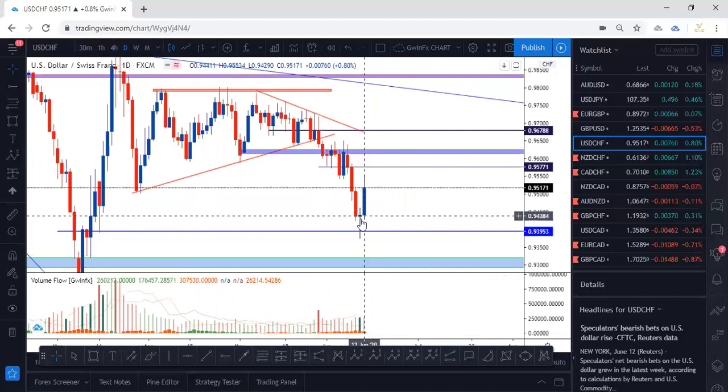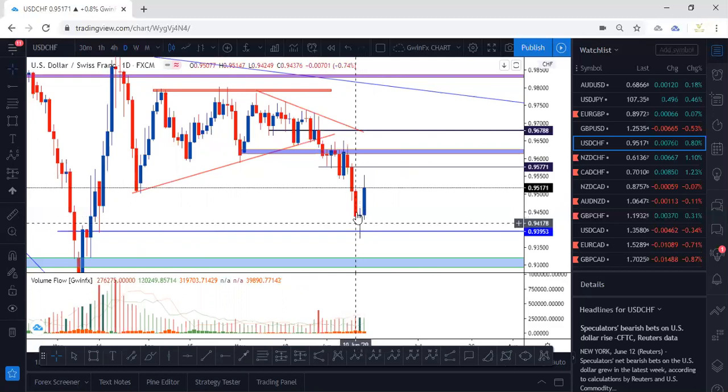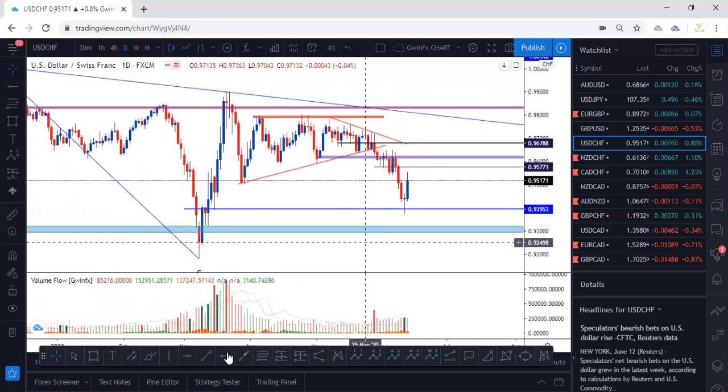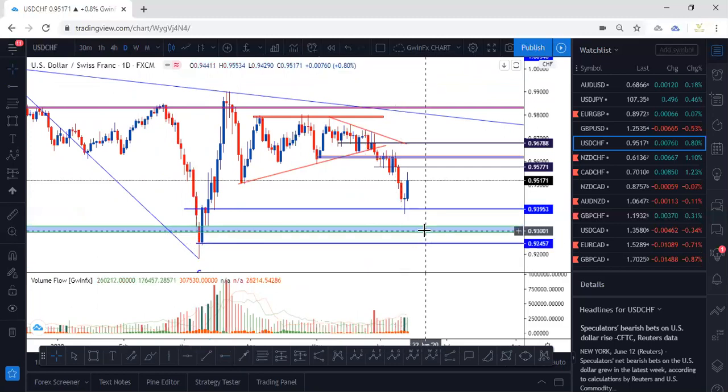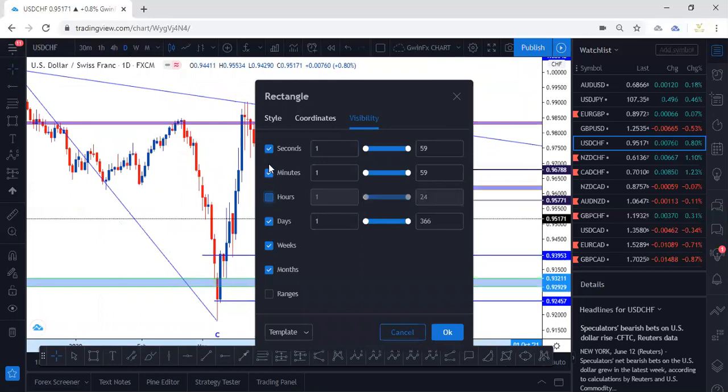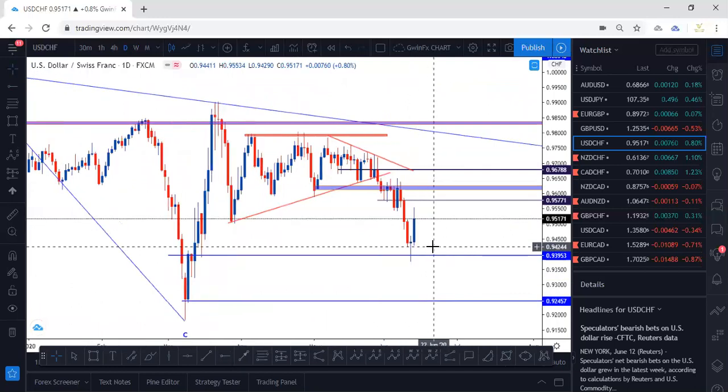If this massive volume created this rejection and took price down here, we expected that the sellers got out. So whoever was selling to target this extreme is trapped at the moment. So what do we expect?